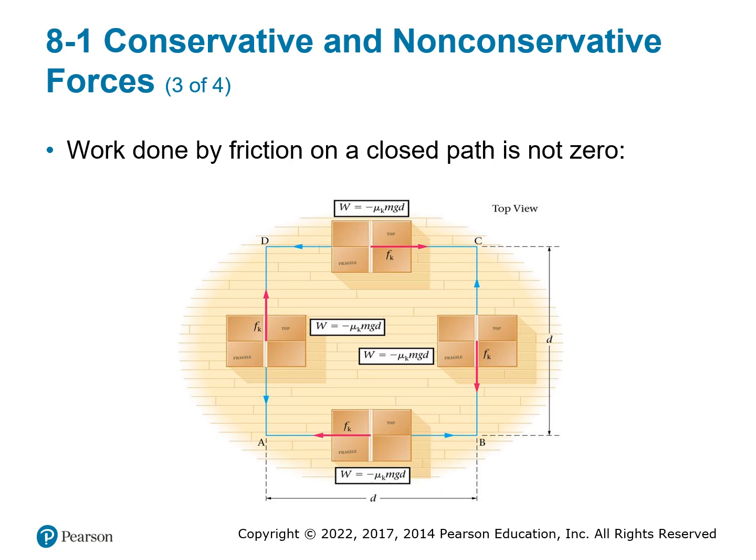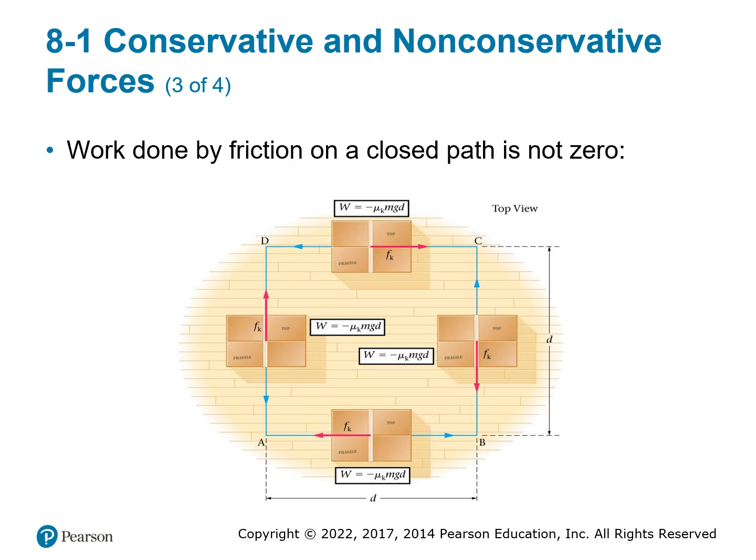Friction is not 0. The work done by friction on a closed path is not equal to 0. If you take your box, the work done is equal to the coefficient of kinetic friction times the mass, gravity, and displacement. Going around to the left, you have negative coefficient mgd.